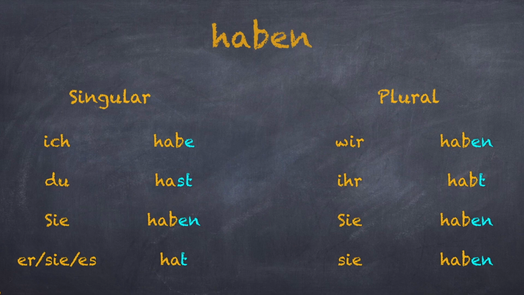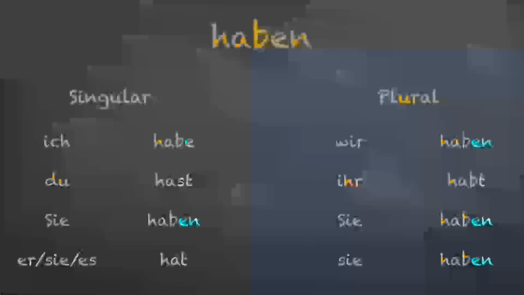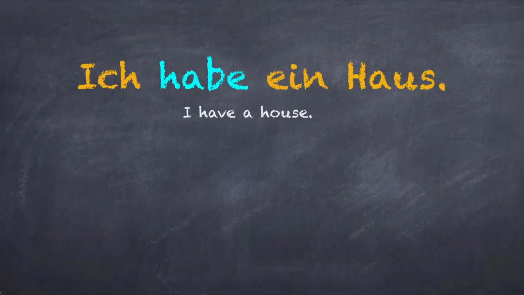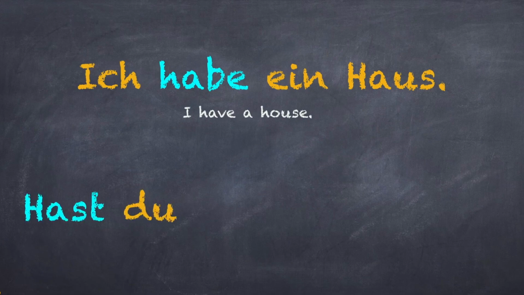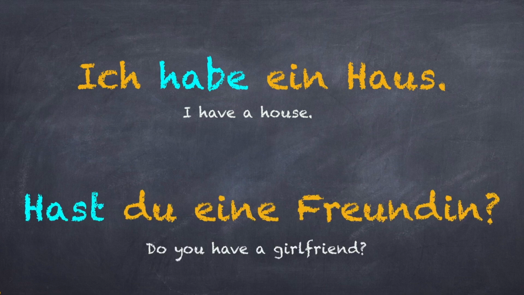Now let's look at a few sentences where haben has been conjugated and is being used as a verb. Ich habe ein Haus. Hast du eine Freundin? In each sentence, please concentrate on the subject and the conjugated verb.